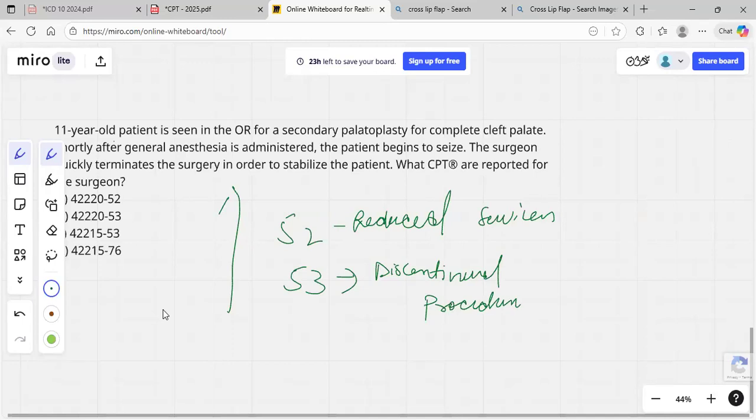Exactly. So Vaishnavi, we have to use 52 when the doctor eliminates the procedure or partially reduces the procedure intentionally. If there is any condition to the patient and the doctor needs to discontinue that procedure due to the patient's well-being, then we are going to use modifier 53, not 52.